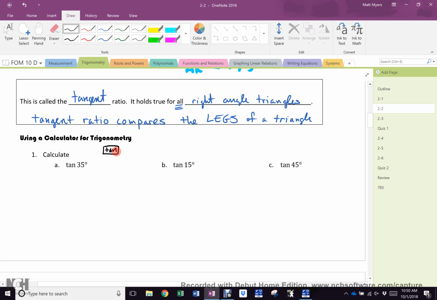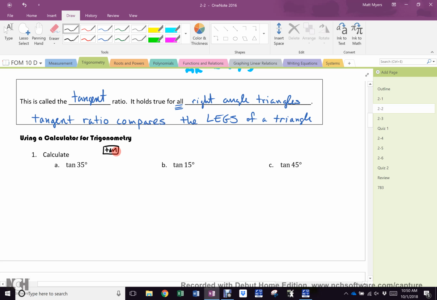And that means you do trig the way it's written. So, if you have a forward calculator, you push the tan button, then 3, then 5, then equals, and you get a giant ugly decimal that starts with 0.700.